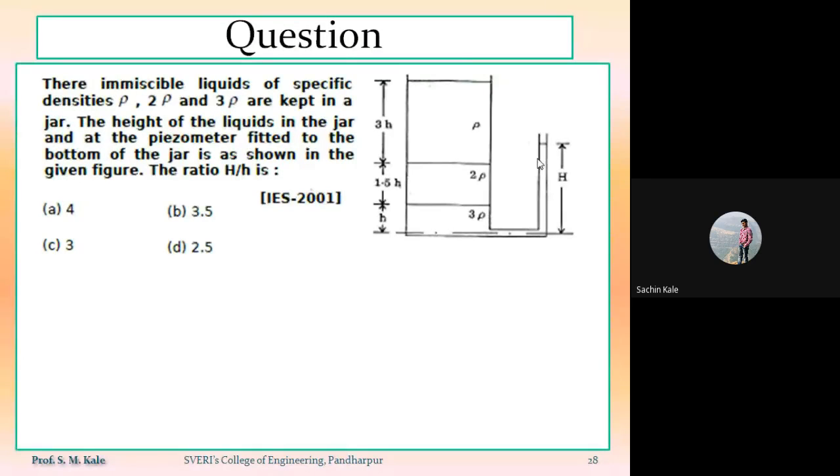The ratio of capital H to small h is asked, where capital H is the height of liquid in the piezometer, and small h is this height. So we have to find the value of capital H to small h. This question was asked in IES 2001.